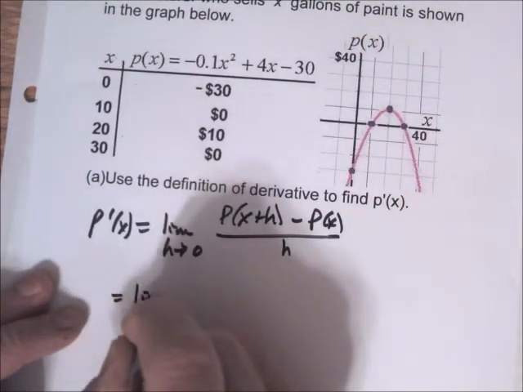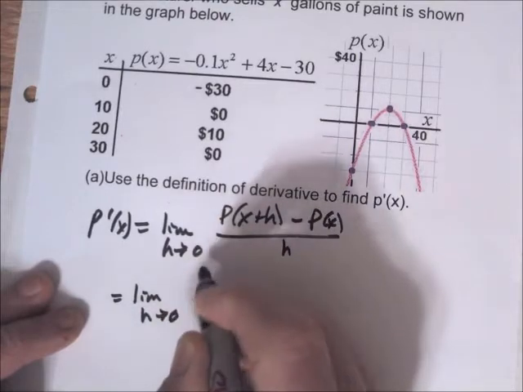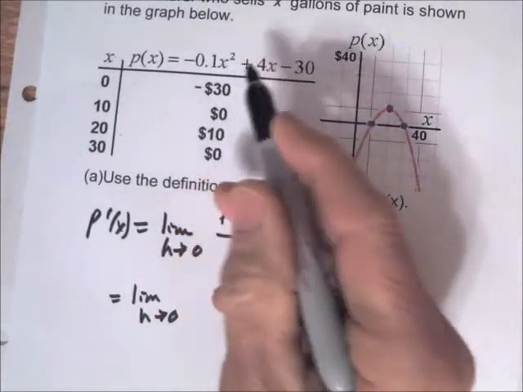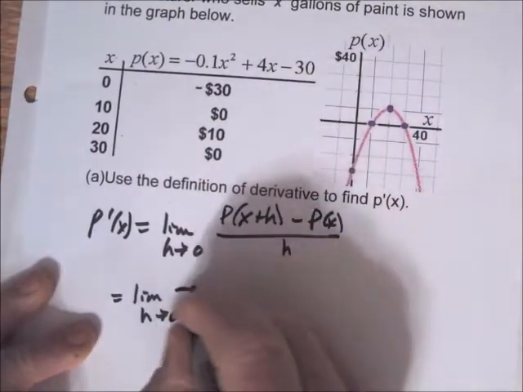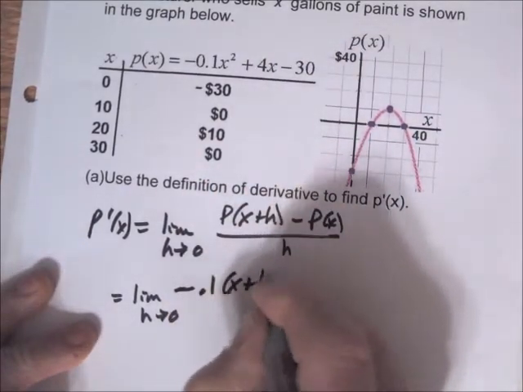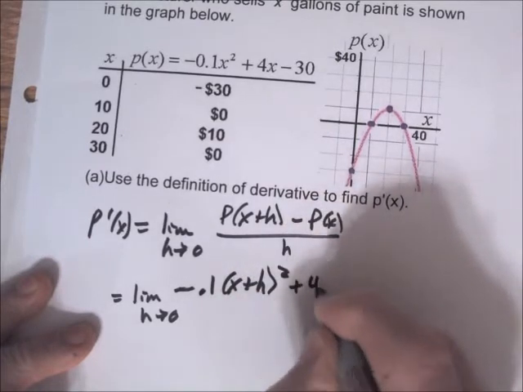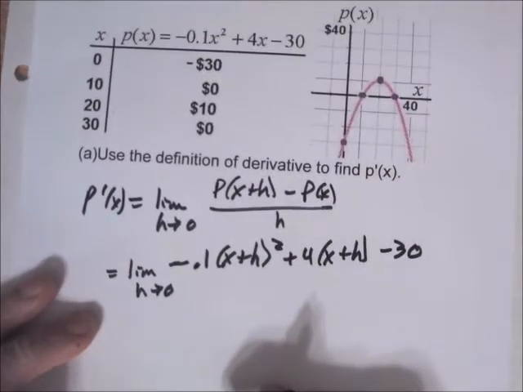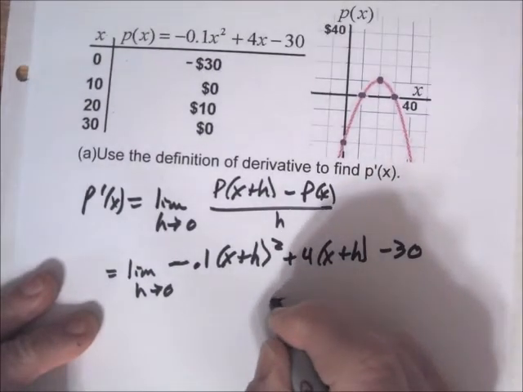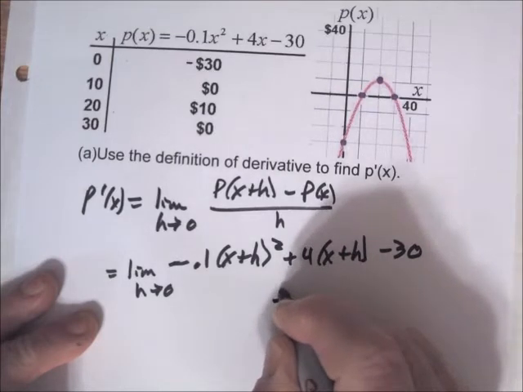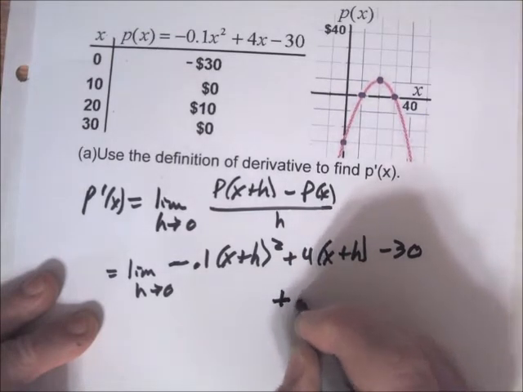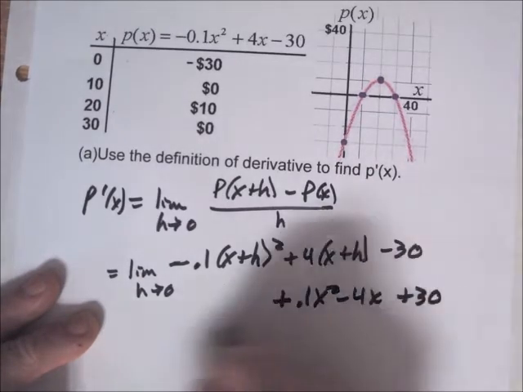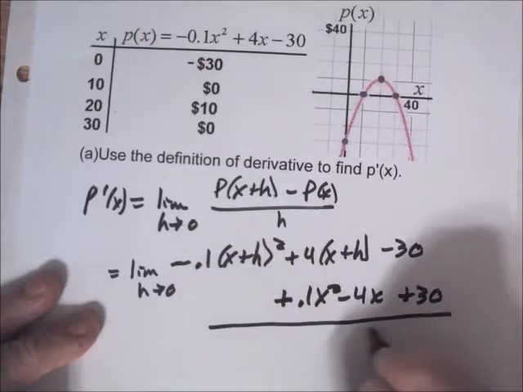So in the formula for p of x, instead of an x, you want to write x plus h, so you'll have minus 0.1 times the quantity x plus h squared plus 4 times the quantity x plus h minus 30. I'm kind of running out of room here, but it'll be minus, I'll change the sign, plus 0.1 x squared minus 4x plus 30. Okay, and this whole thing is over h.